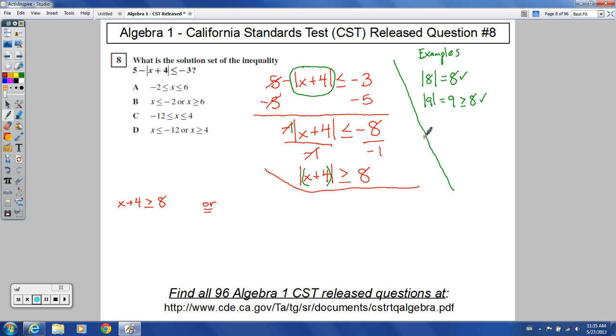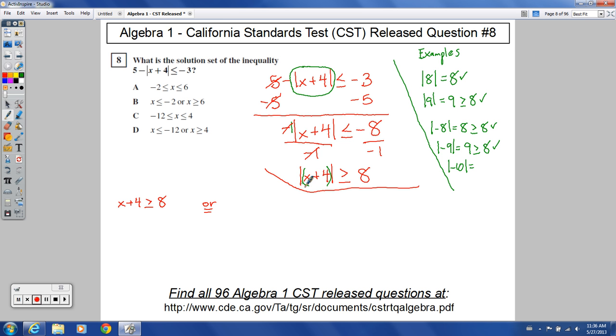what would happen if I took the absolute value of, let's try some more examples, negative 8? I would get positive 8, and positive 8 is greater than or equal to 8. If I took the absolute value of something less than negative 8, so negative 9, that would equal positive 9, and positive 9 is greater than or equal to 8. So the more negative I get, I'm still going to have a valid solution.